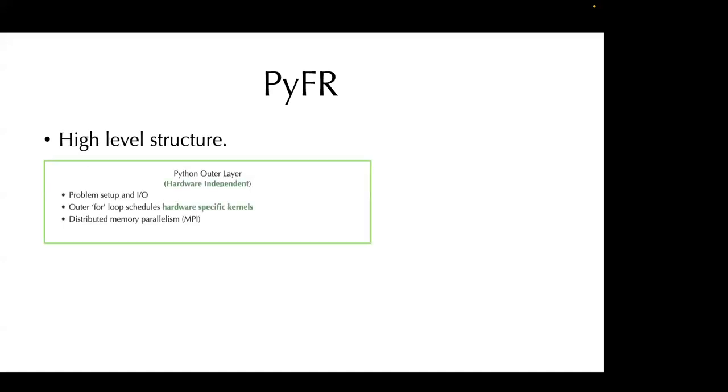The high-level structure of the code is quite interesting. It has an outer layer, which is very much written in Python and is completely hardware independent. And this handles things like problem setup, scheduling kernels, and distributed memory parallelism.